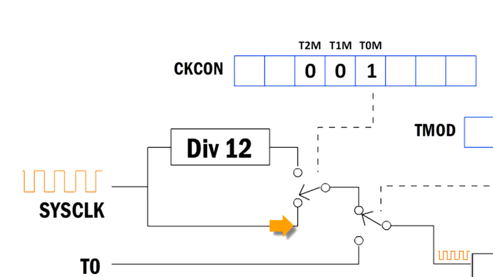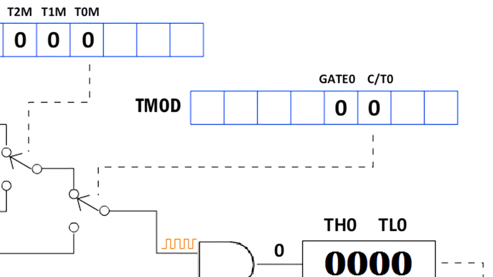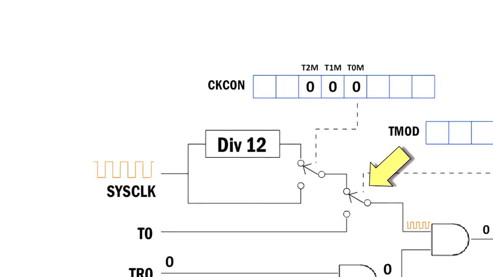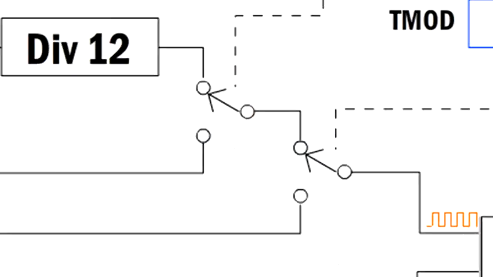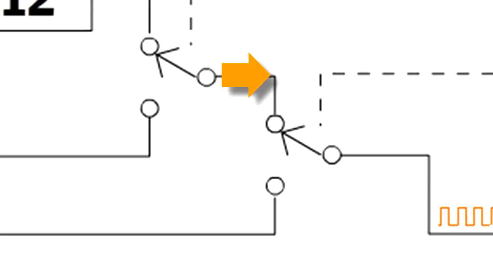It can be the system clock or the system clock divided by 12. The counter/timer 0 select bit selects either the system clock or an external signal called T0 to feed the timer. For our discussion, we will stick to using the system clock.